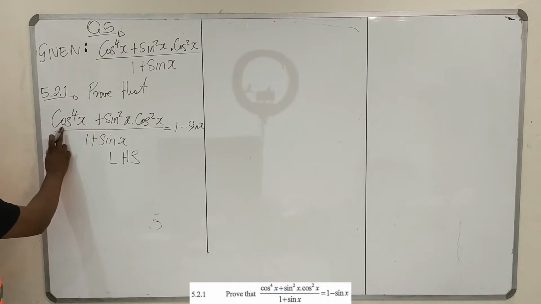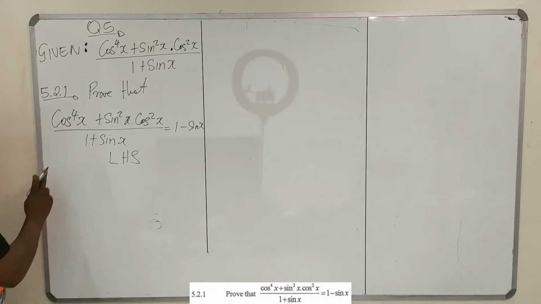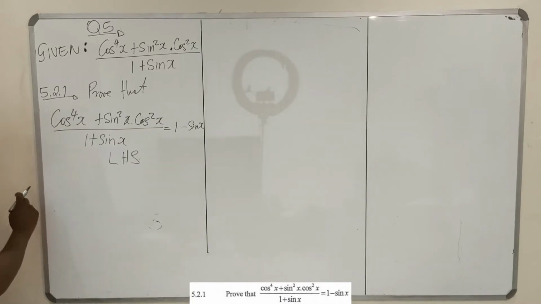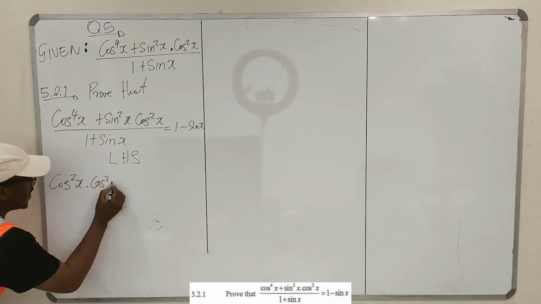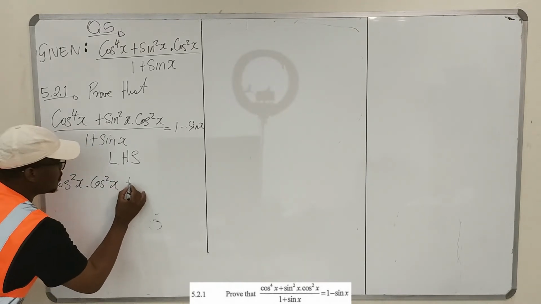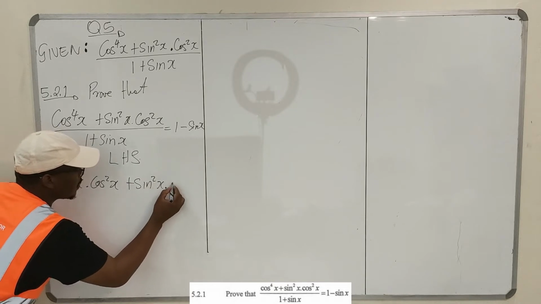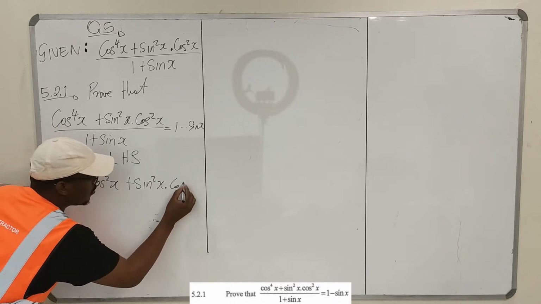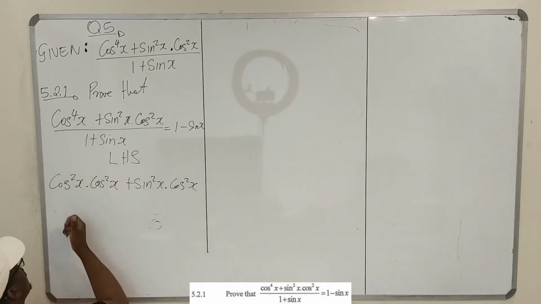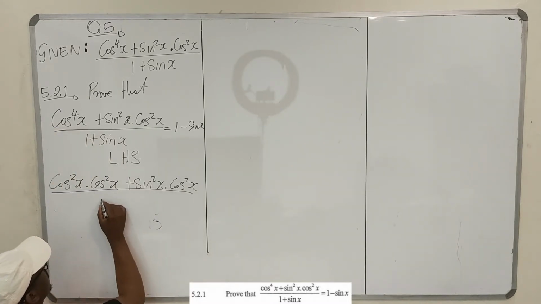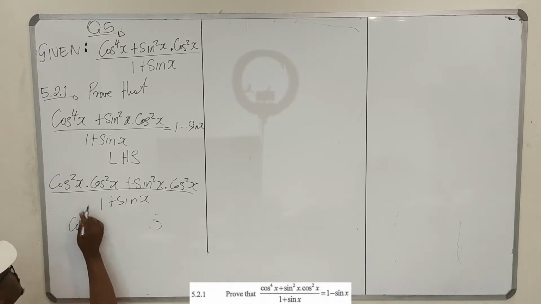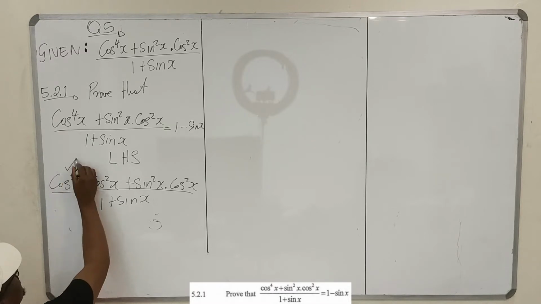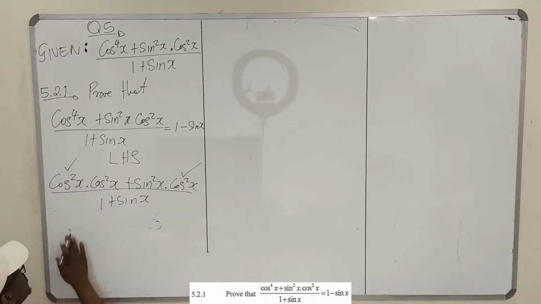We have cos x raised to the power 4. So you can say you have cos squared x times cos squared x, plus sine squared x times cos squared x, all divided by 1 plus sine x. From here, you can see that you have a common factor, which is cos squared x, on both sides of the sum sign.